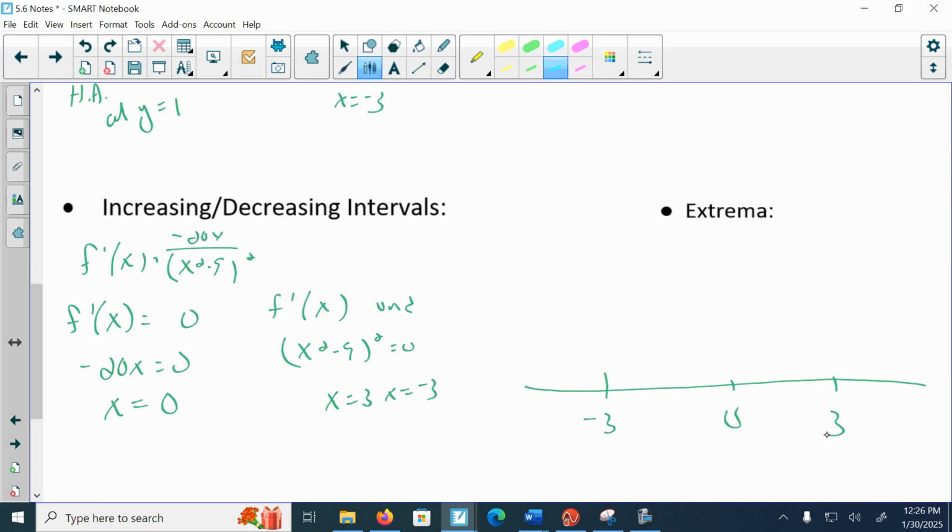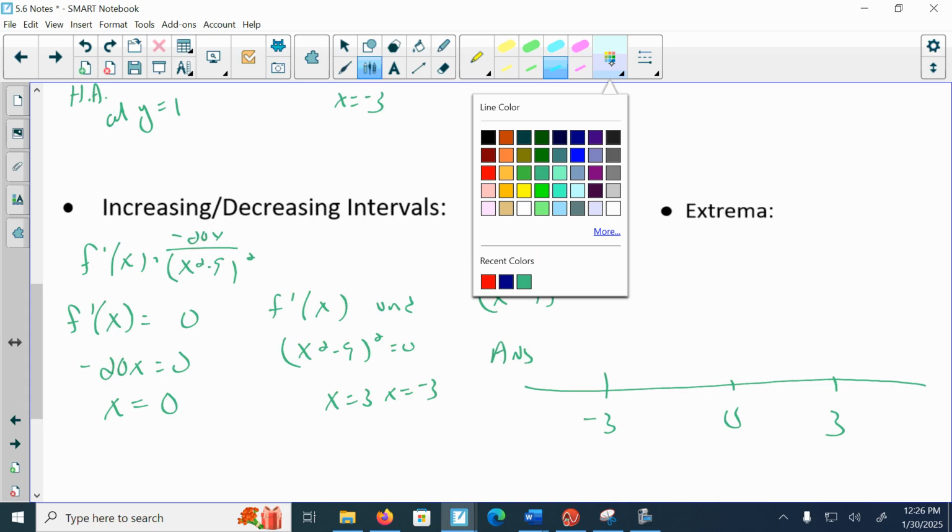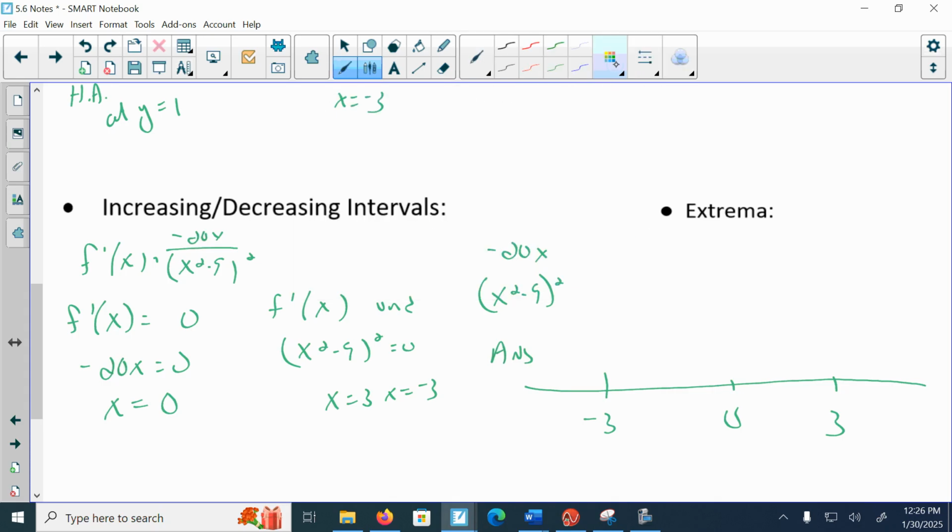My factors are going to be negative 20x, and then x squared minus 9, squared. I'm going to pick numbers that are not those numbers. So let's say I pick negative 4, negative 1, 1, and 4.